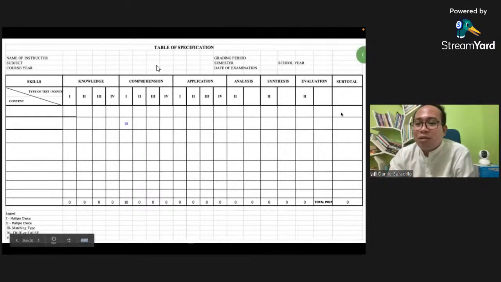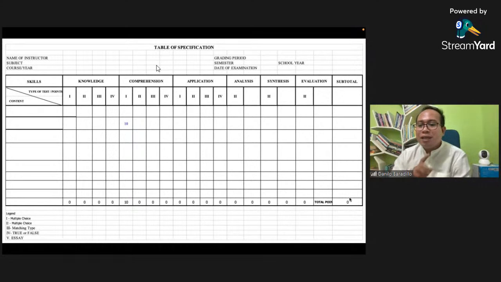So you have here the subtotal, meaning the total of these items that sums up to 100% down below. Whatever is the total item, you have to place it down here, and the subtotal is also placed. So you have 100 total points there, or 100%. So this is just another phase of a table of specifications.